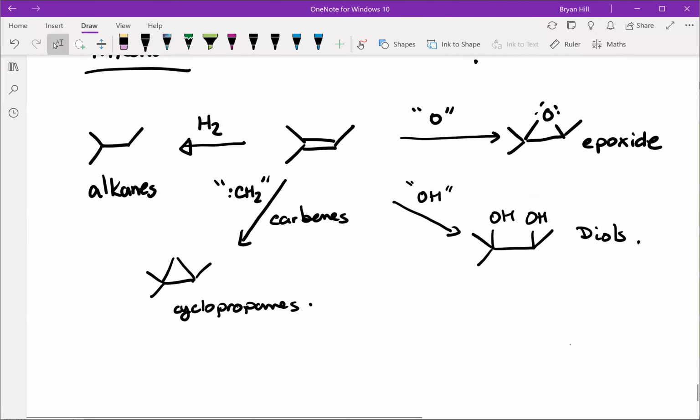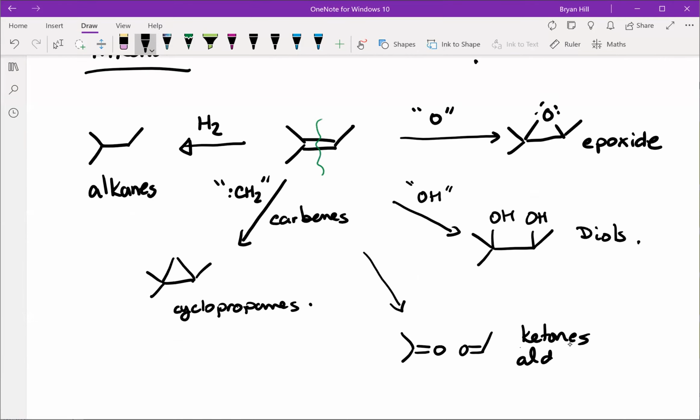Then there are some reactions that will cut this bond in half and make carbonyl compounds, so ketones, aldehydes, and even carboxylic acids. So this is going to be a cleavage reaction. We call this oxidative cleavage.